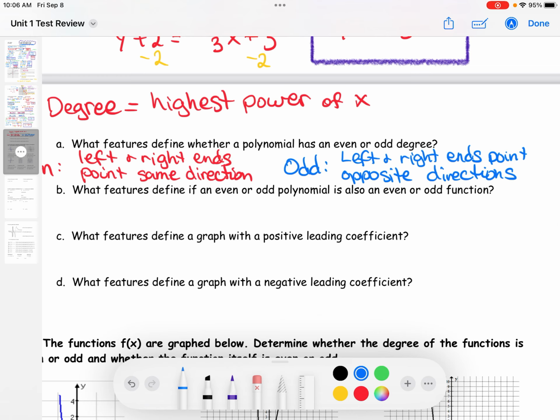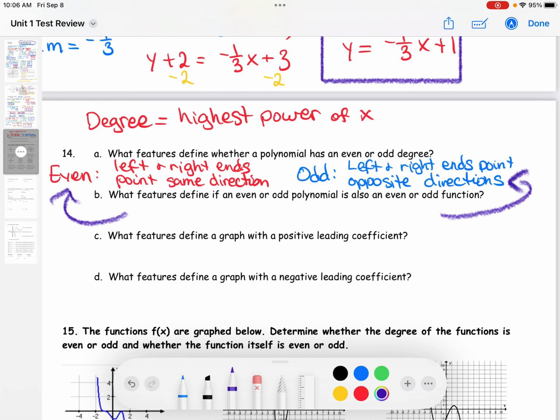And that same information answers question B. If we're talking about positive and negative leading coefficients, with a positive leading coefficient, the right end of the graph points up, meaning on the right side of the graph, the y values are increasing.